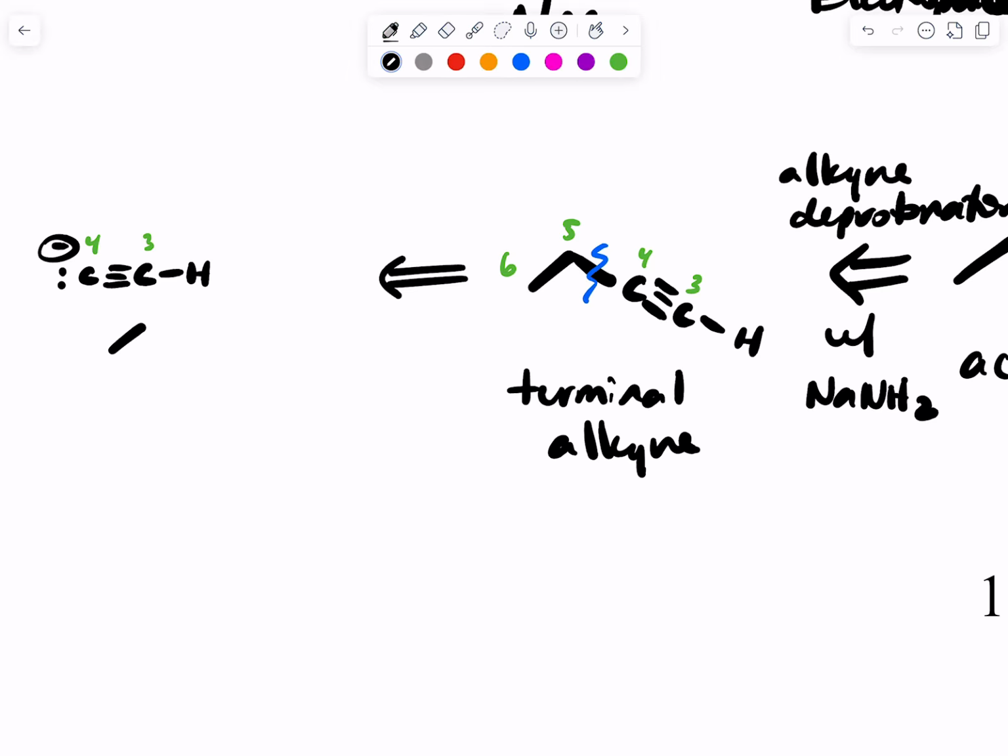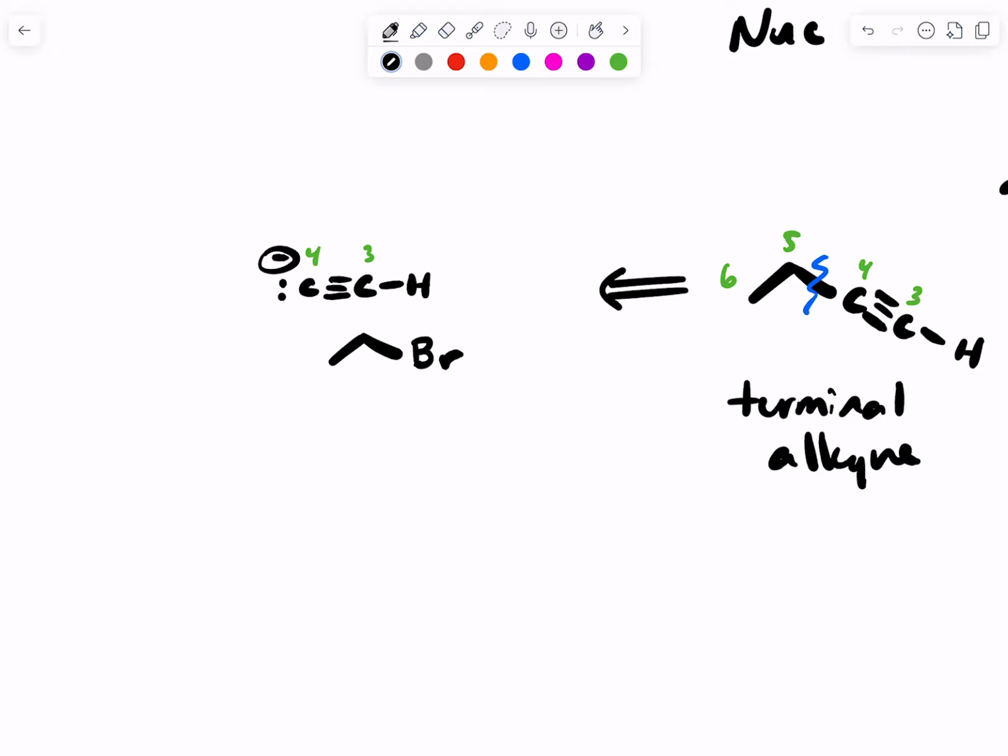Now, probably the most convenient leaving group you can think of is an alkyl halide. If you used ethanol, remember OH minus is a bad leaving group. In other words, if I use this as my electrophile, all that's going to happen is my alkyne's going to deprotonate it.